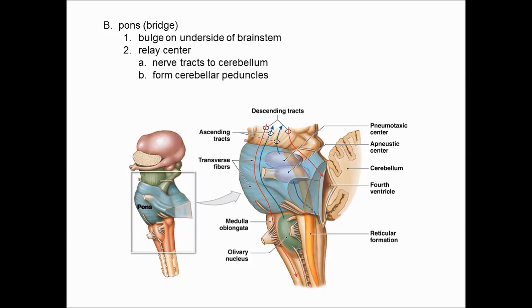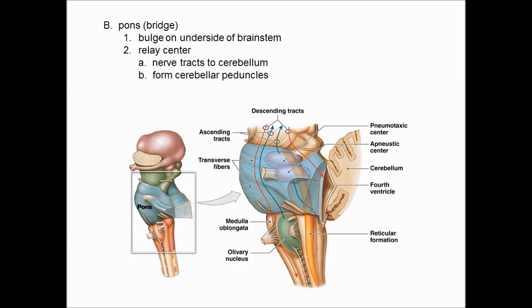Just above the medulla, which is here in red, there's a swollen area a little bit larger in diameter called the pons, and that term means bridge. And it's swollen on the inferior side of the brainstem, and it's opposite to the cerebellum. And the large girth is because nerve tracts wrap around this area and go over to the cerebellum.